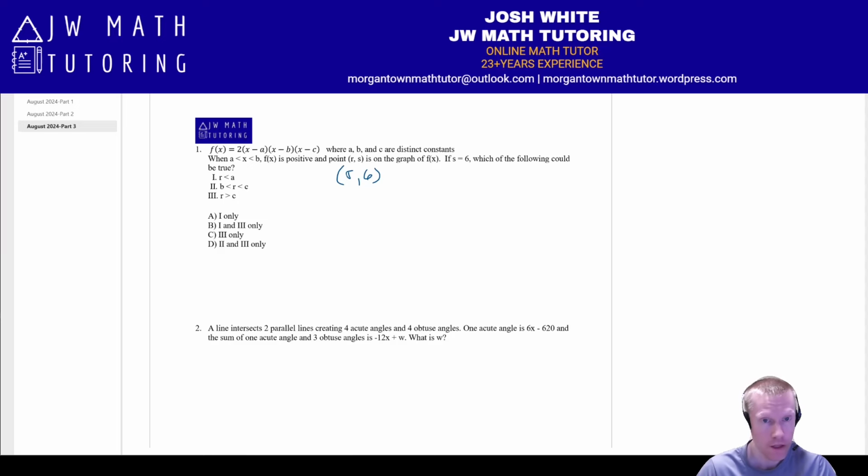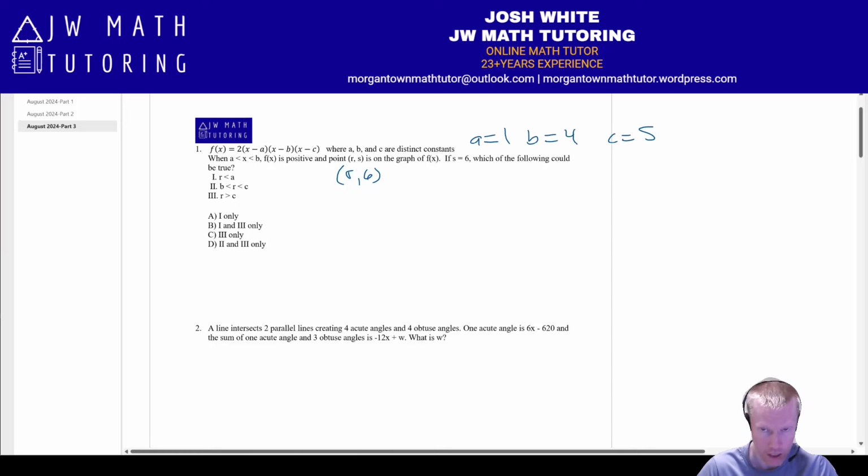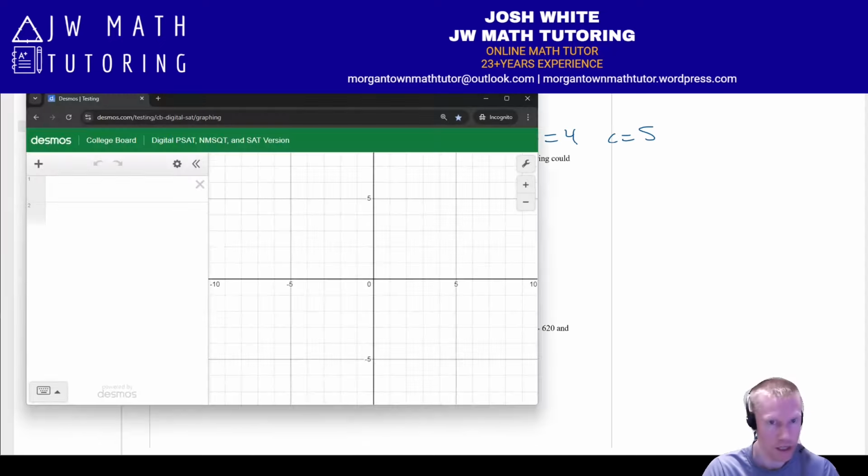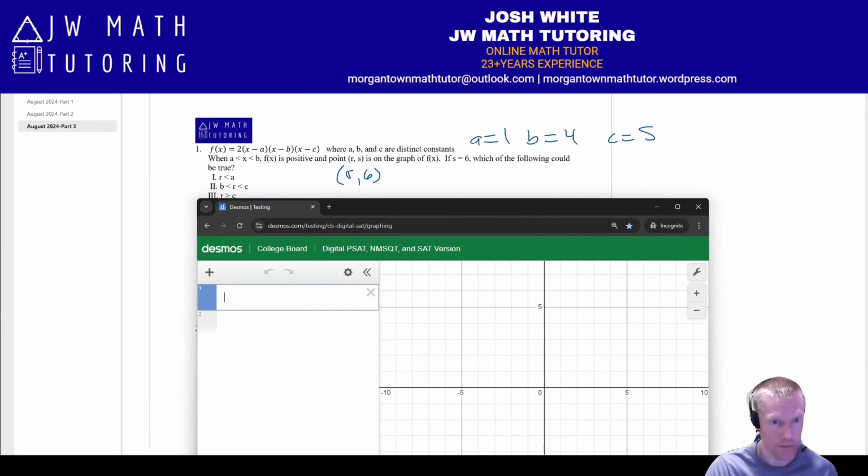So I'm going to choose a equals 1, b equals 4, c equals 5. Now what I can do is first get the graph of it. So that's good, and getting the graph is going to help me visualize what exactly is going on here.